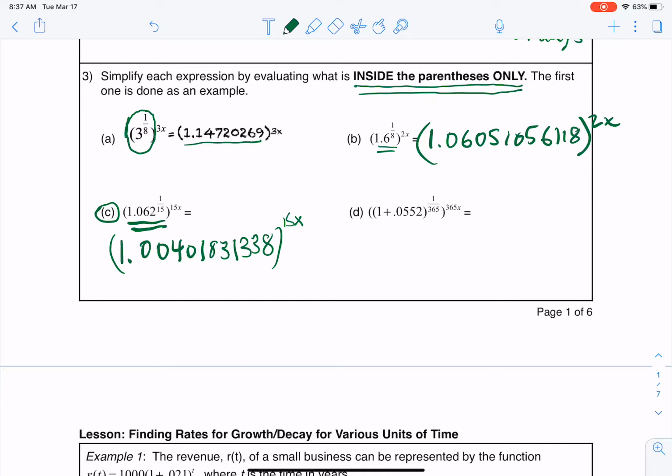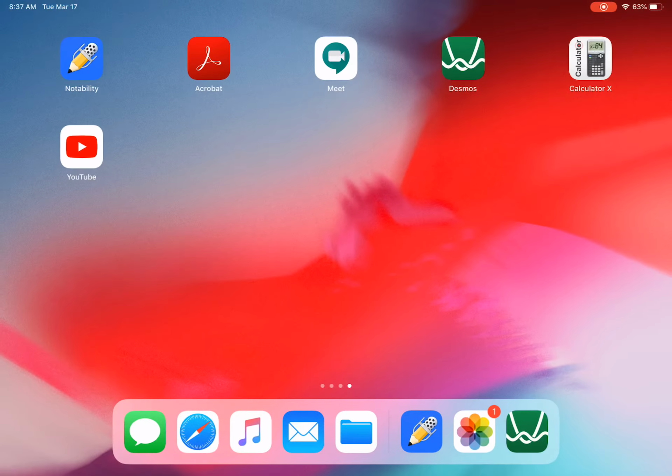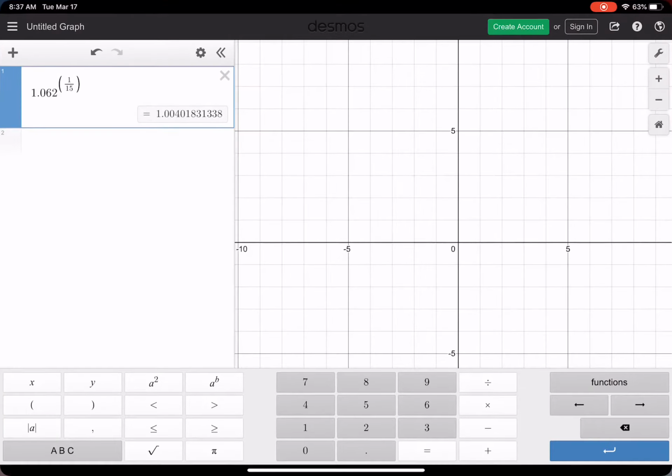All right, final one. Here we've got 1 plus 0.0552 raised to the power of 1 over 365. And on the outside, we have that to the 365x power. Again, I have to do this in my calculator. I'm going to go to Desmos, and I can just input the entire expression if I'm using Desmos. Otherwise, you might need to simplify what's in the parentheses first.